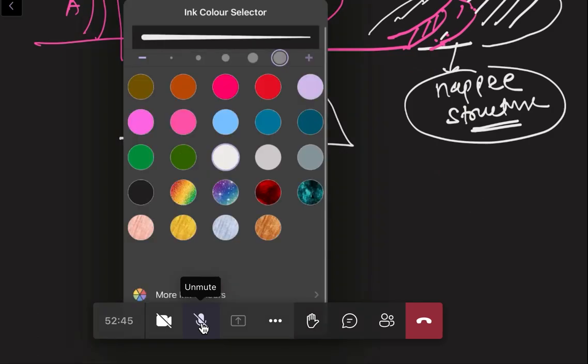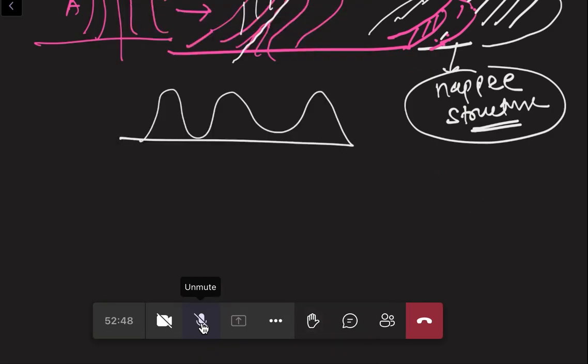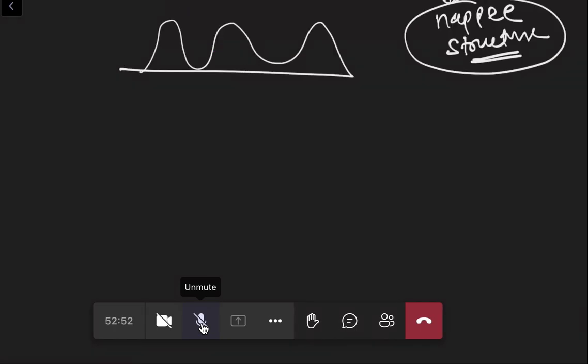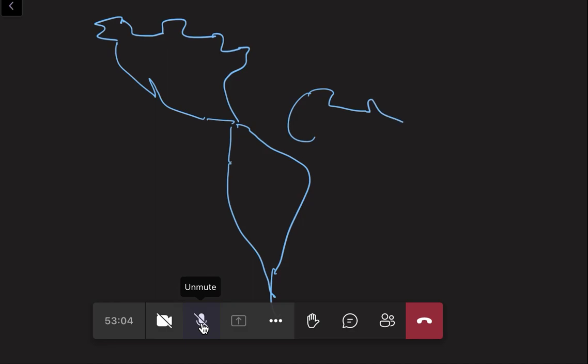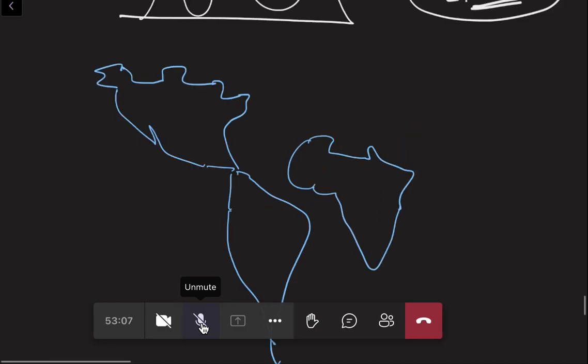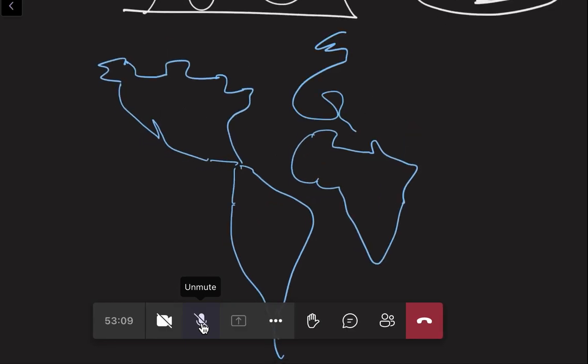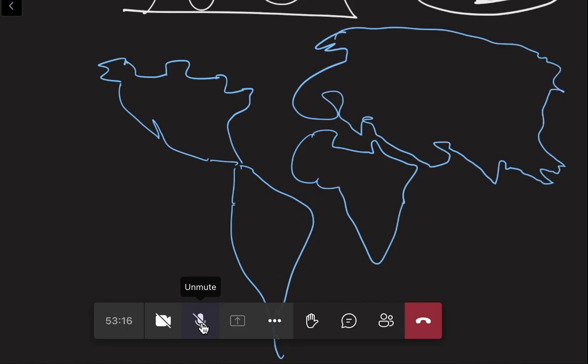Now, where are these fold mountains located? Let's see with examples. This is North America, this is South America, Europe, India, Southeast Asia, China, Russia, Japan, Australia.